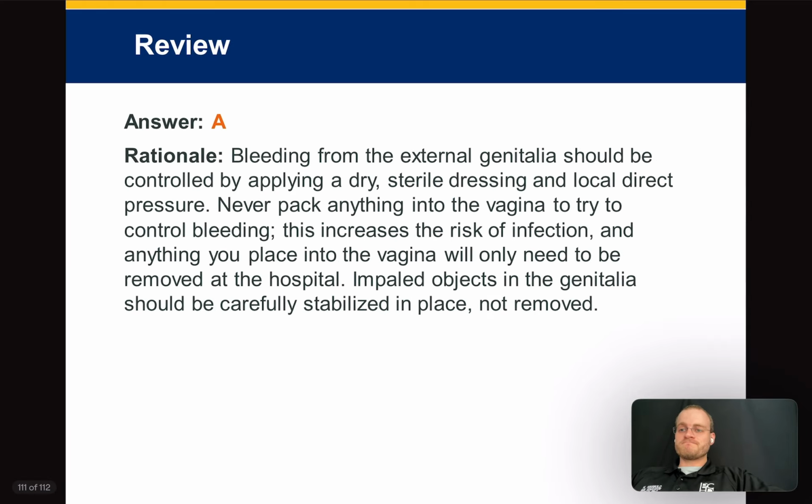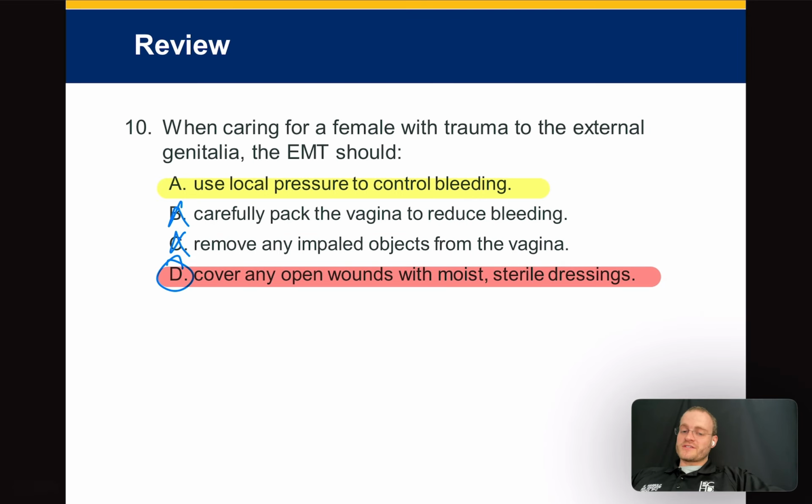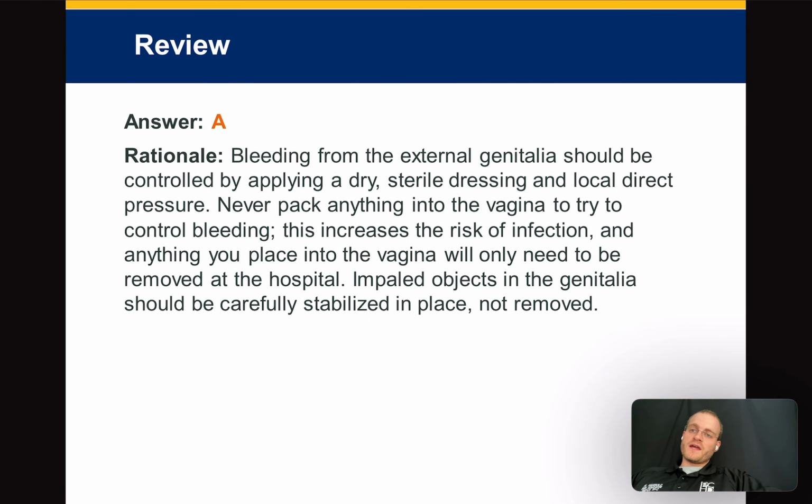You just saw it. So let's read the rationale since I don't know what the heck I'm talking about. Bleeding from an external genitalia should be controlled by applying a dry, sterile dressing and local direct pressure. That seems odd to me, but who am I? Never pack anything into the vagina to try to control bleeding. This increases the risk of infection, and anything you place into the vagina will only need to be removed at the hospital. Impaled objects in the vagina should be carefully stabilized in place and not removed.